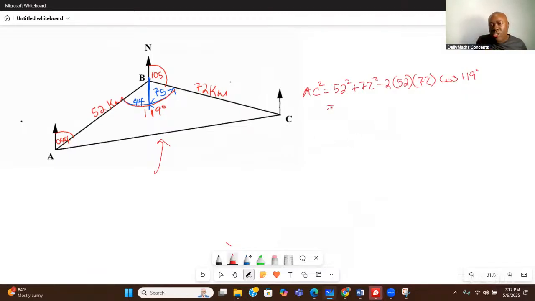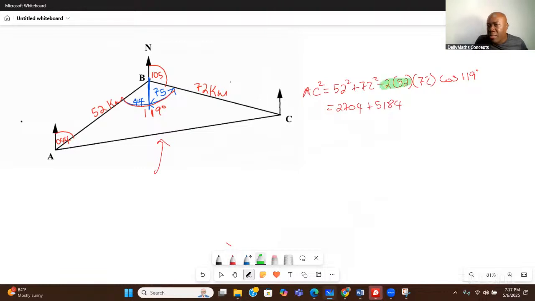Let us now go through with our values. Take the calculators out, roll with me. So 52 squared is going to give us about 2,704. 72 squared will give us 5,184. And then normally when you reach this part, you're not going to subtract 2.